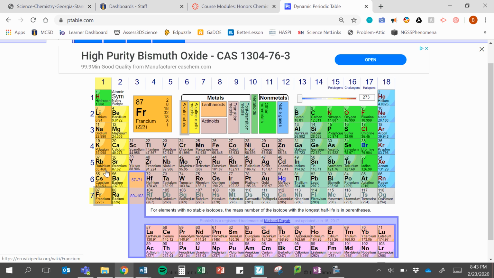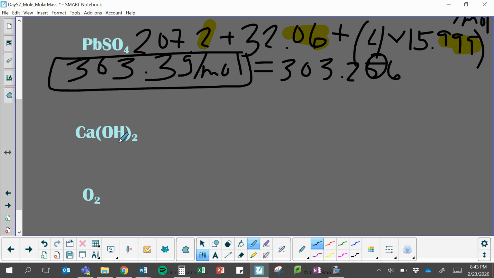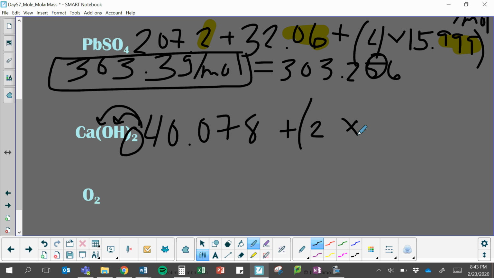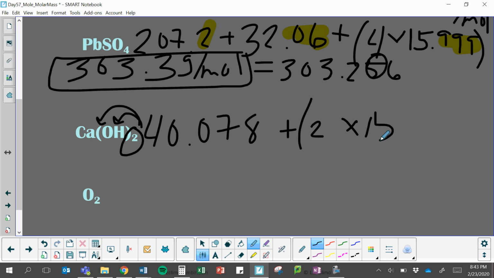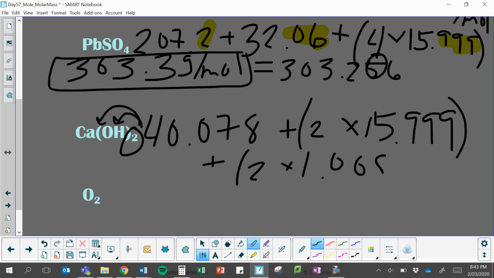Okay, so for this first one, we'll look up calcium, 40.078, plus, and now remember when we have parentheses, that means this subscript applies to both things. So we have 2 times our oxygen, which is 15.999, plus we have 2 hydrogen as well, so 1.008. And we can put this in our calculator.